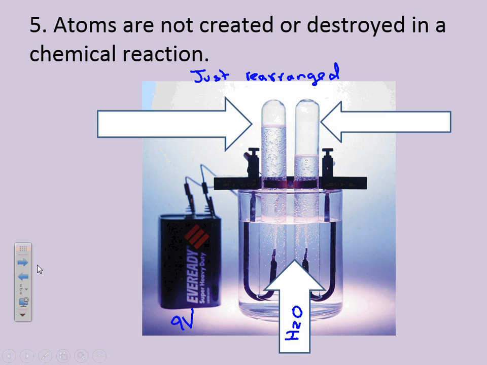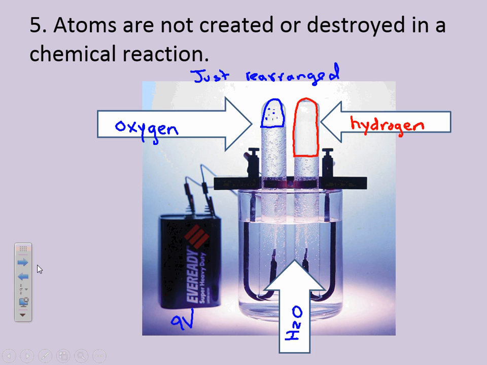notice this top part is a gas. So you fill these test tubes with water, and as the water decomposes, it fills with gas. The gas on this side, you have lots of little atoms. This is oxygen. And this side is hydrogen.